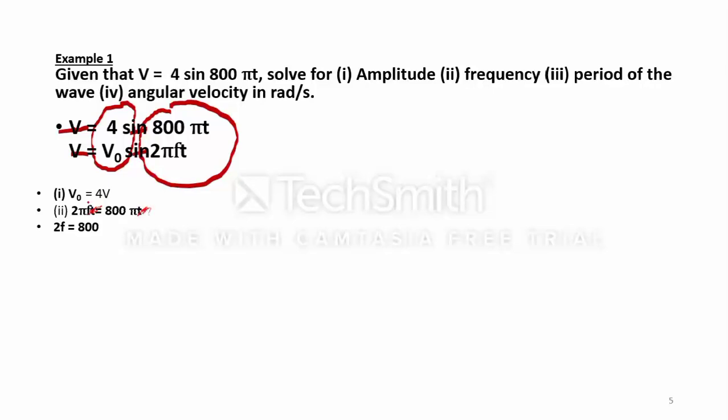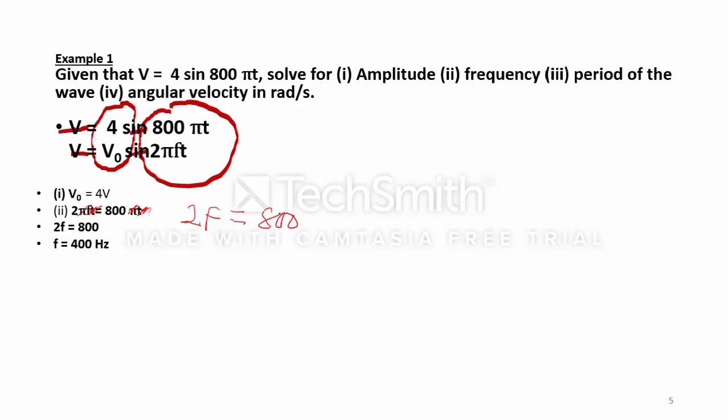So what is left is 2f equals 800, which is what we have written below. Dividing through by the coefficient of f, which is 2, we will have 400 hertz, or per second. Okay, so we have gotten the frequency.